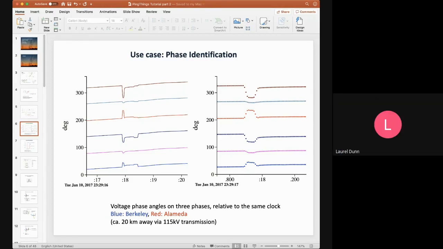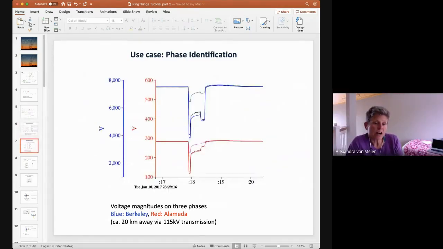Interesting. Now, I could use high resolution voltage magnitude measurements to do the same thing, but not quite. We see that the magnitude measurements alone, without the timing, also match the gray blue to the pink, but they don't really allow me to resolve which of the medium and dark blue and red go together. So there's a little bit of ambiguity there. So the phase angle is more decisive as an indication.